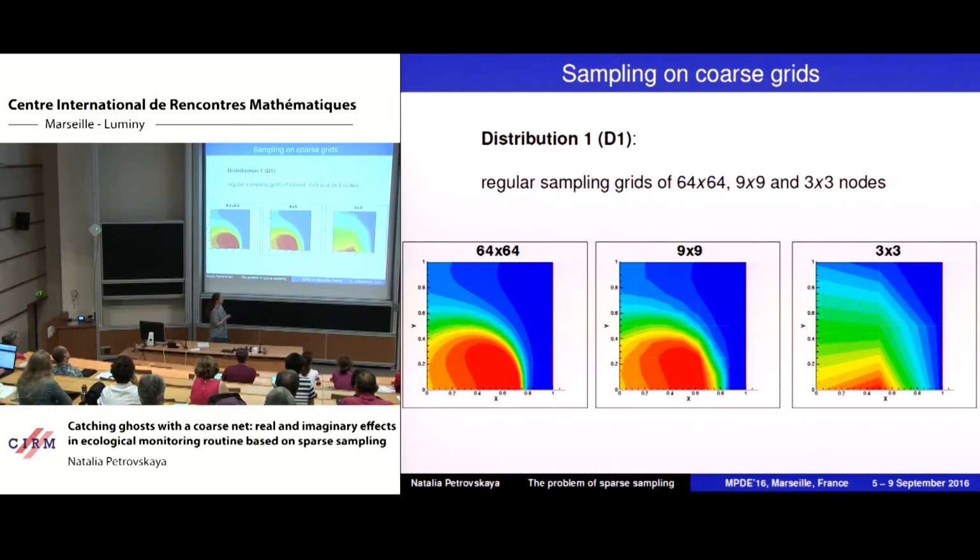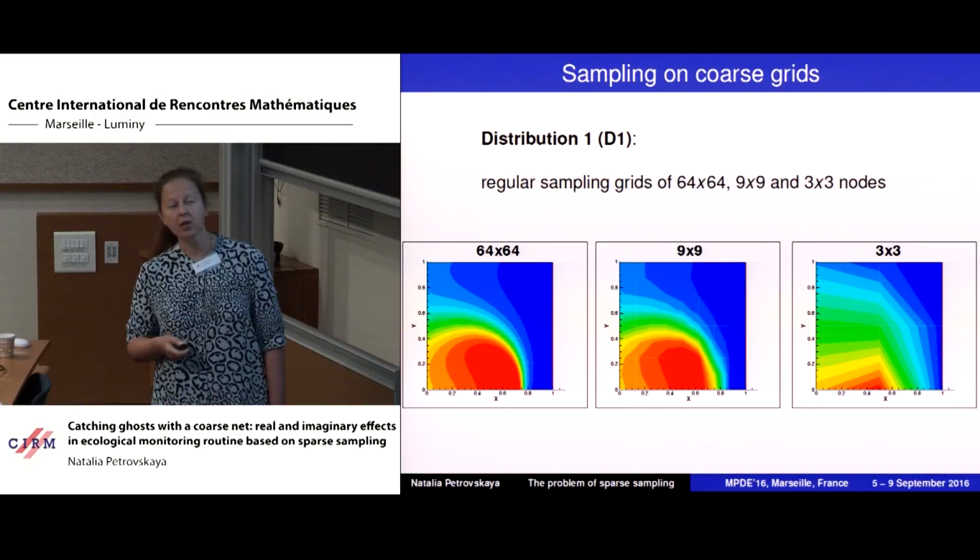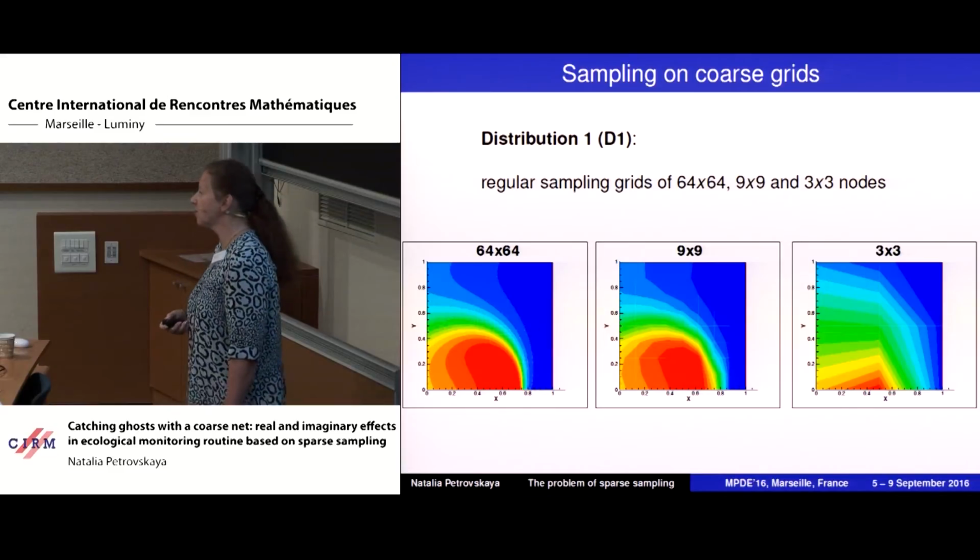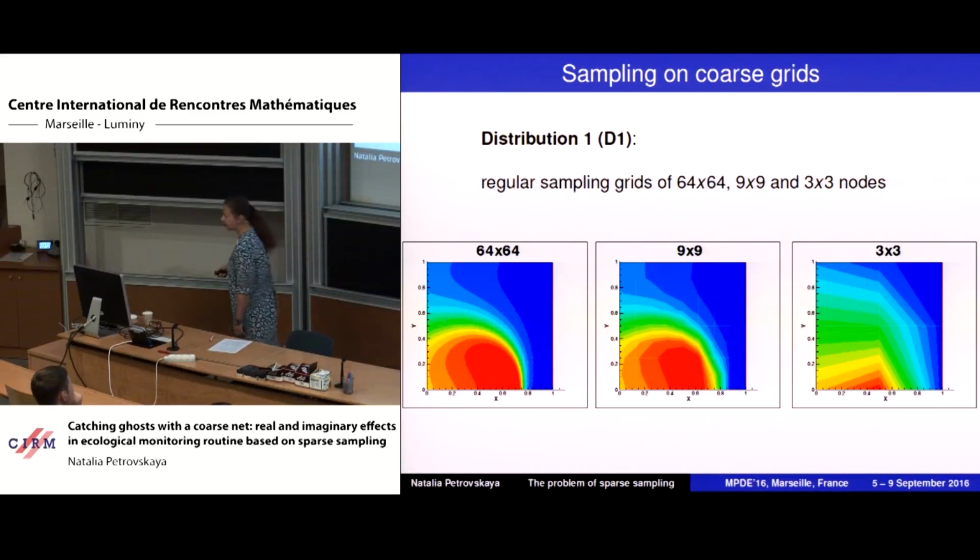And even if we consider a very coarse grid, 3 by 3, maybe not so good resolution, but still something that looks more or less reasonably well. This is what I call distribution 1.